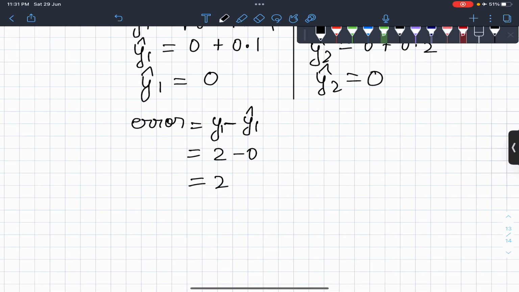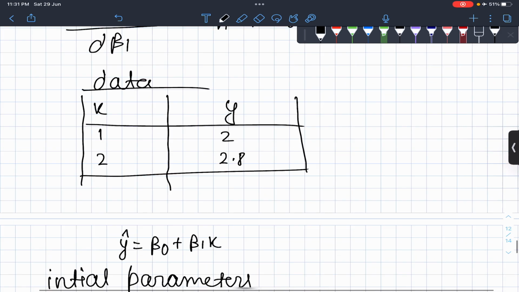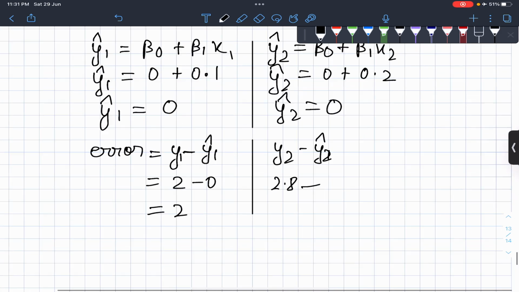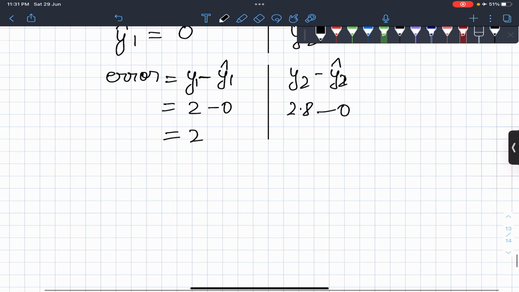So the error for the first is 2. And for this, the error is 2.8 minus 0, which is 2.8.